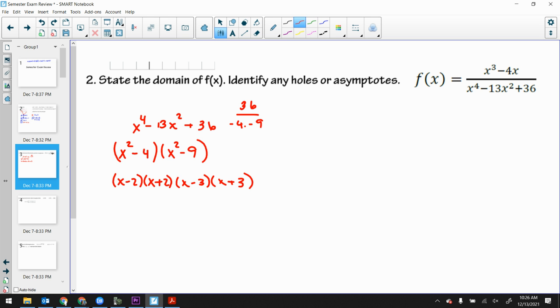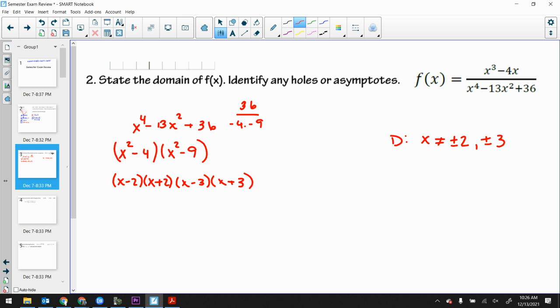You could write it in interval notation, but it honestly might be better to write it like this. The domain is when x is not equal to plus or minus 2 or plus or minus 3. All real numbers except for plus or minus 2 or plus or minus 3. Now, that's the domain.